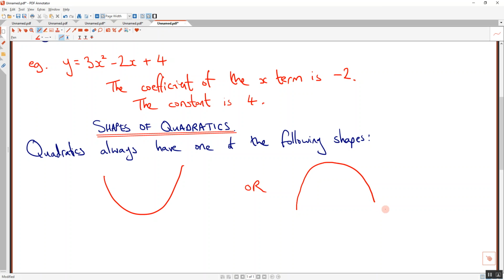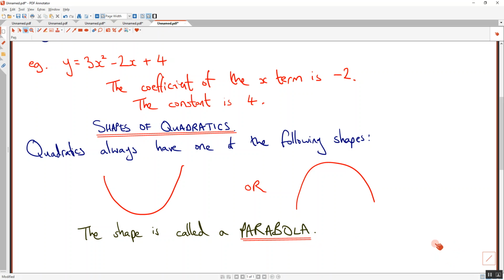The shape is called a parabola, and they're called parabolas.